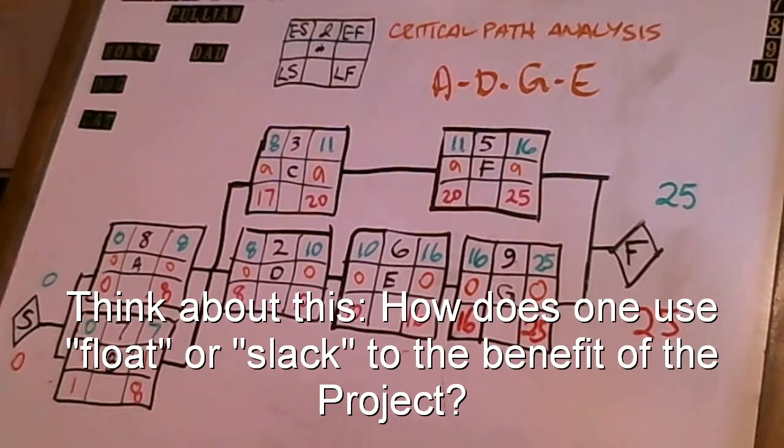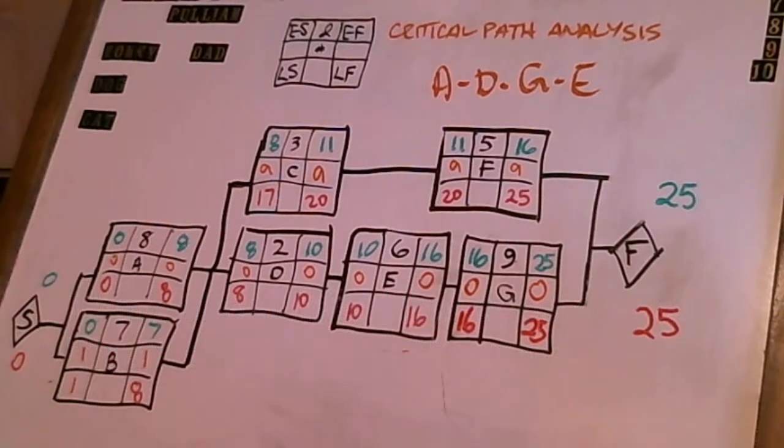Now, when we think about float, we think about the need for it to be utilized. Many times float is viewed as essentially an asset when you look at your network diagram. And how is that?